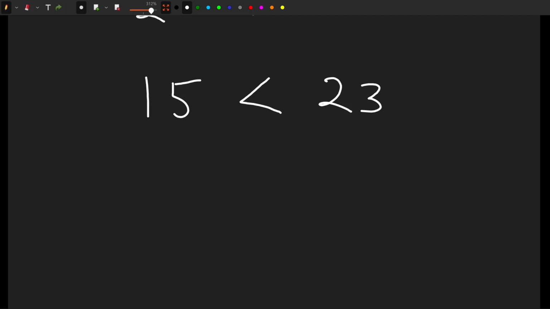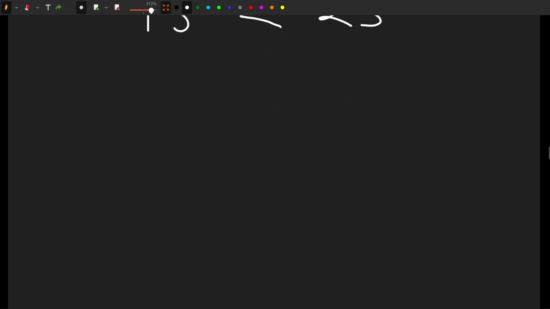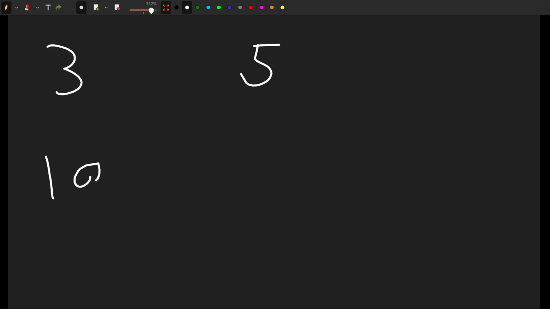Usually if this number is bigger, then you're going to use the greater than symbol. If this number is smaller, you're going to use the less than symbol. So we have a couple of examples that I just want to go over quickly, and then that will be this video. We're going to look at the difference between 3 and 5, 10 and 19, and then 21 and 7.